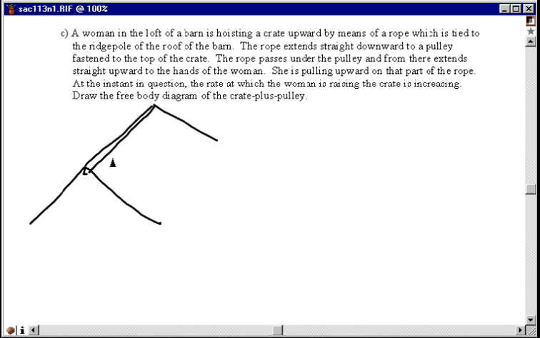And there's a rope that extends downward from the ridgepole to a pulley attached to a crate. And there's a woman in the loft of the barn.